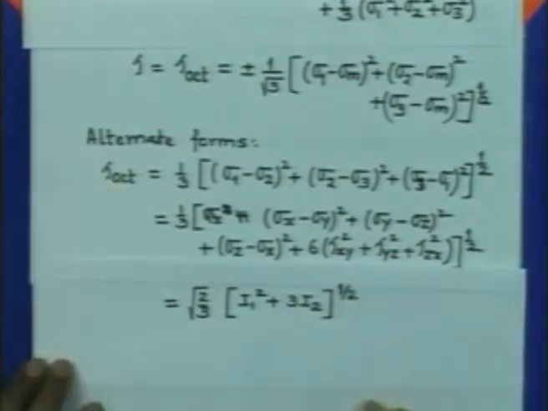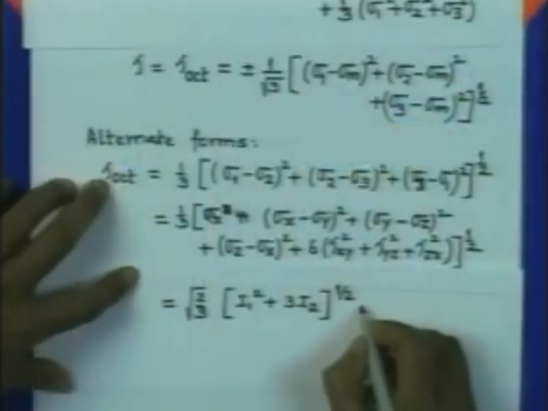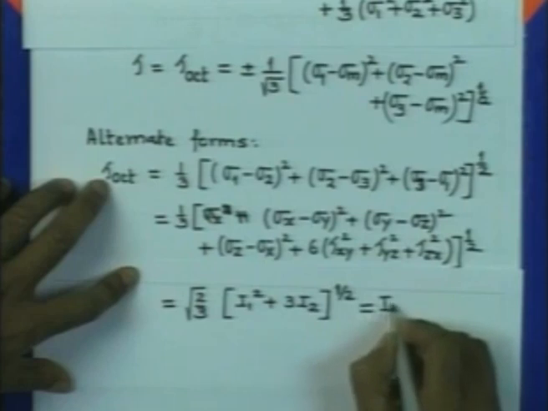So, the octahedral shear stress has some significance attached. We know that I1, I2 are stress invariants, they are not dependent on the selection of coordinates, and this relation between the two stress invariants and the octahedral shear stress is indicative of the fact that the tau octahedral shear stress is also an invariant. So, it is an invariant quantity.